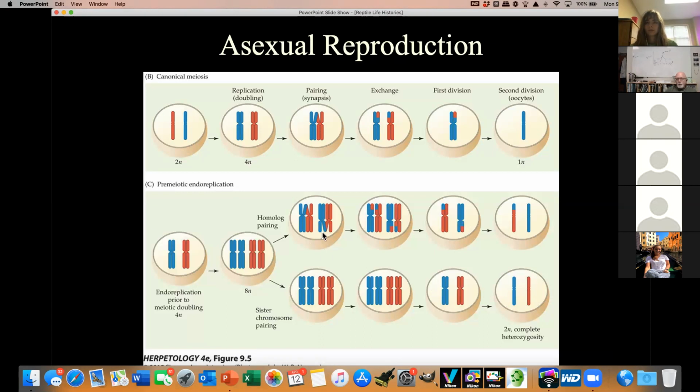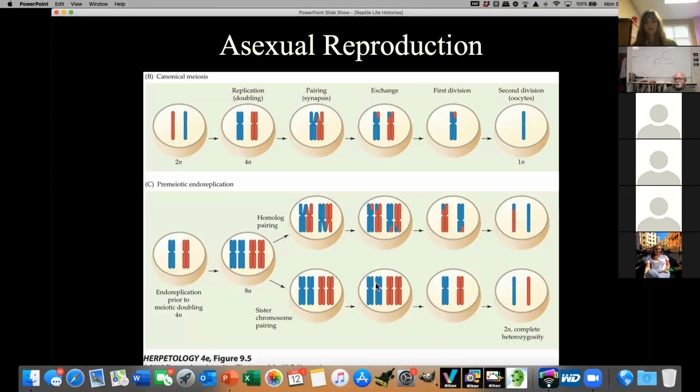But depending upon how the homologous chromosomes line up, you either get increases in genetic diversity, or you basically get clones. In this case, the female starts off with one blue chromosome and one red chromosome. This endoreplication then just doubles those things. Then during the S phase, you get replication occurring. But in this case, the sister chromosomes get paired up during prophase 1 of meiosis. And because of that, even if crossing over occurs, it's crossing over between identical pairs.